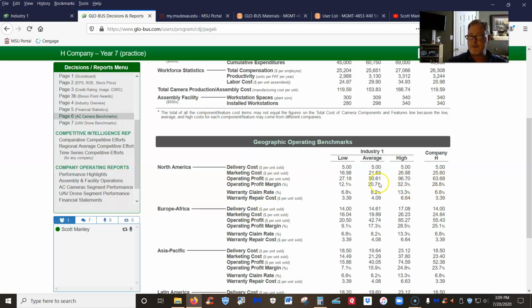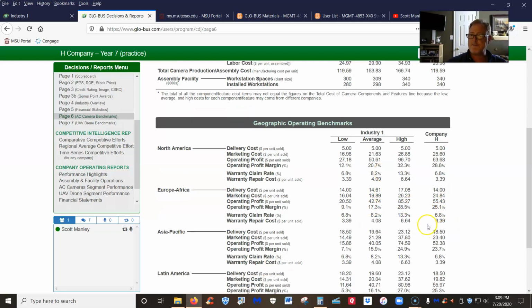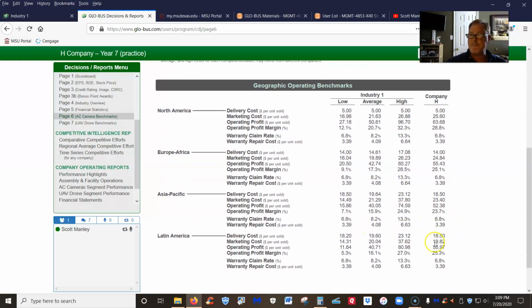I have above average operating profits in North America, Europe, Africa, Asia Pacific, and Latin America. So I want you to take this point very carefully. Just because you're the cost leader, that does not mean that you have to have the lowest margins, okay? I'm the cost leader, having great market share, maintaining a good margin. It's not about the price, people, okay?